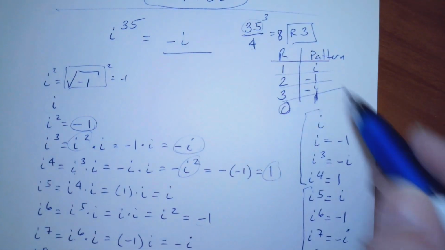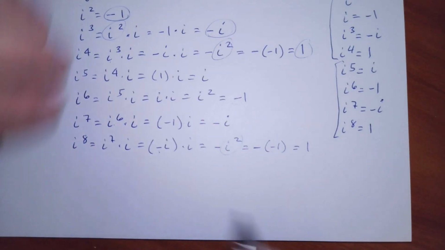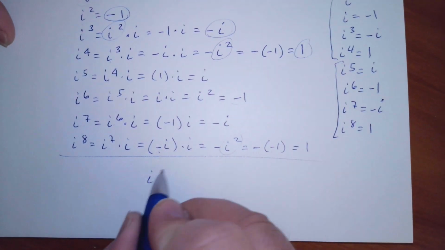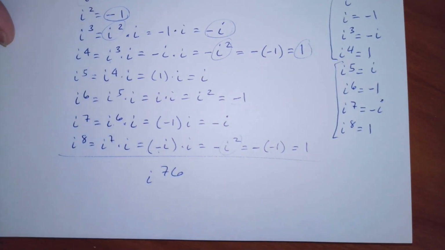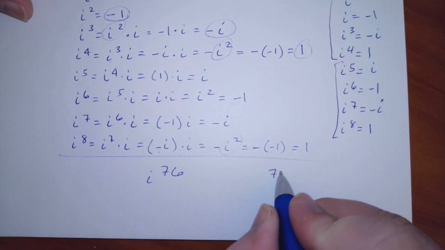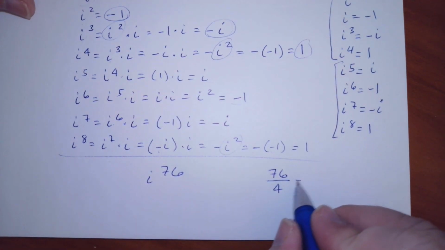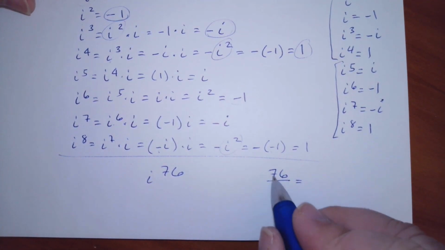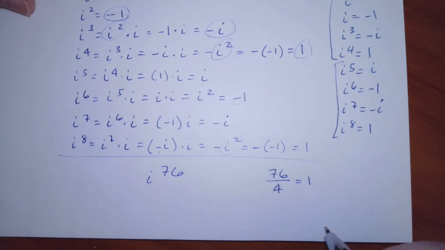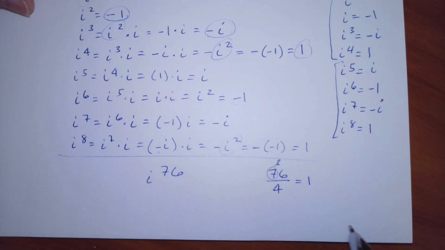And the reason you divide by 4 is because these repeat in groups of 4. So let's look, if I gave you i to the 76th, take 76 divided by 4. 4 goes into 7 once, with 3 left over.